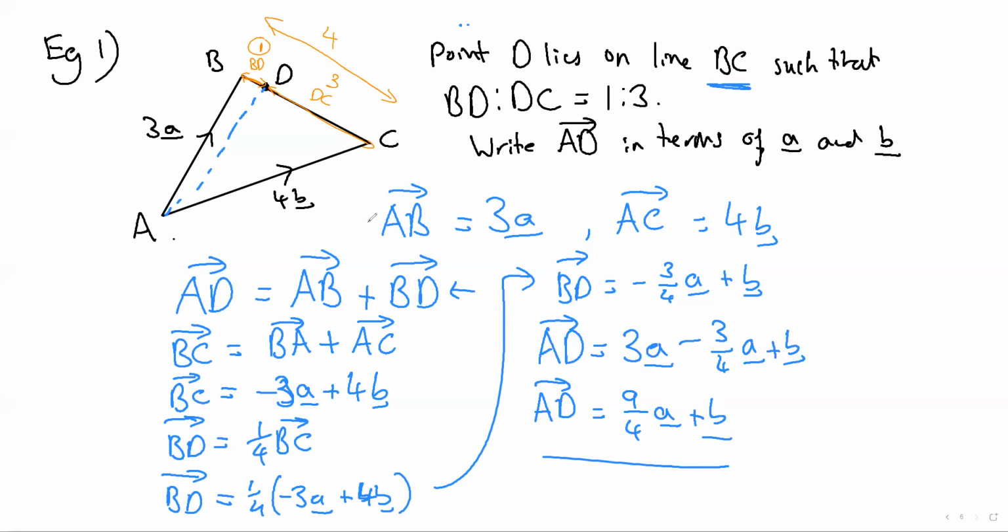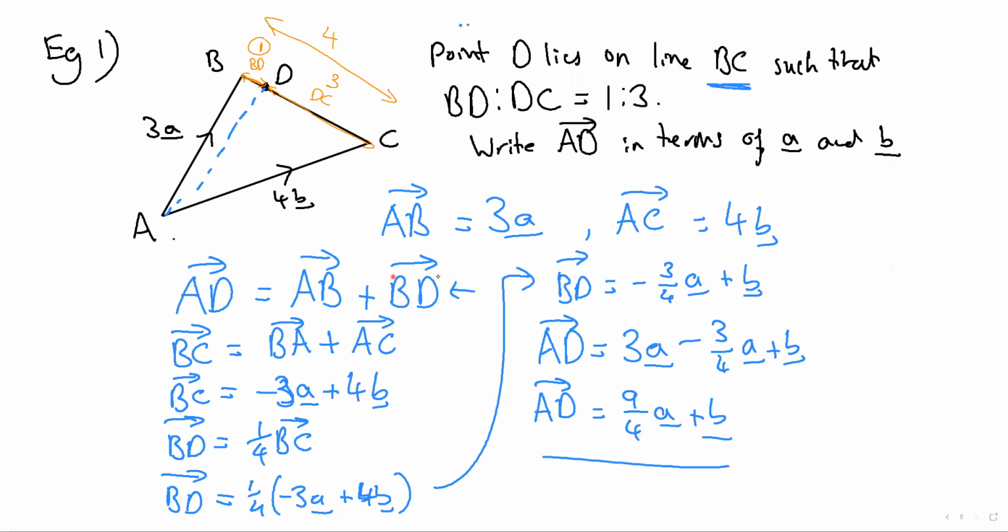So for these kinds of questions, the best thing to do is see, can I work this vector out using the information I have? If you can't, then you try and find another path that's not direct. And then once you've found that path, which we did here, check if you know these two vectors.